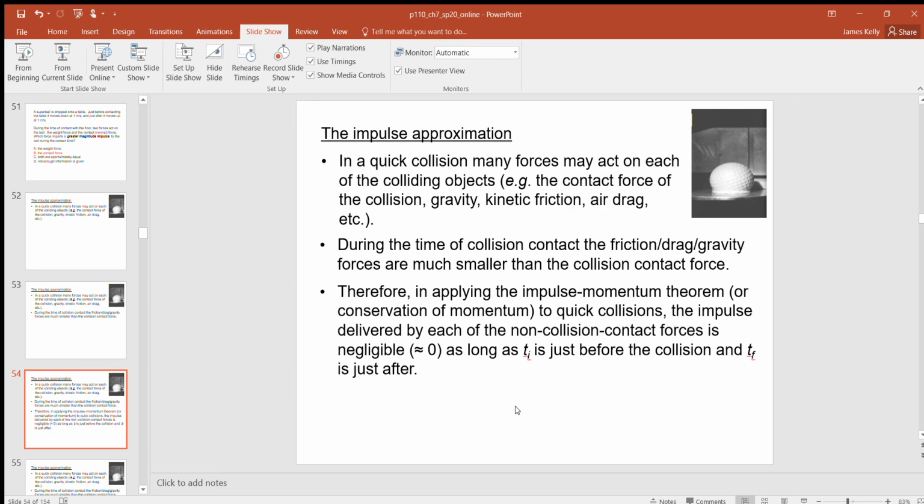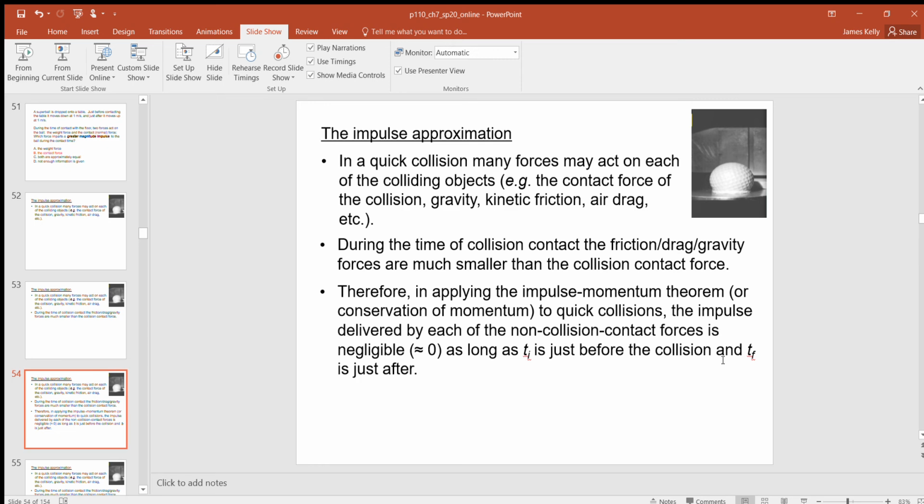So in applying the impulse momentum theorem, or we'll find out later on in the general statement of the conservation of momentum, if we're considering a quick collision, so we take initial to be just before they contact, final to be just after contact, that delta t is very small over which we're calculating impulses. And those other forces, air drag or friction or weight forces, just don't have enough time to impart a significant impulse to the objects. So we can totally ignore them compared to the impulse that one object exerts on the other through the contact force.